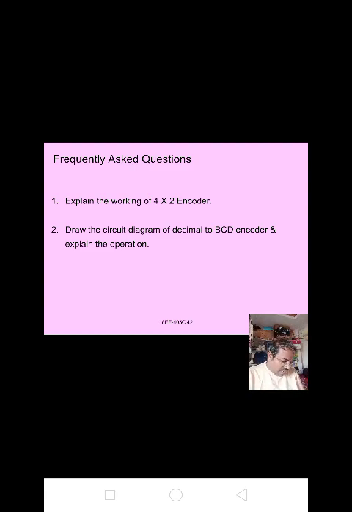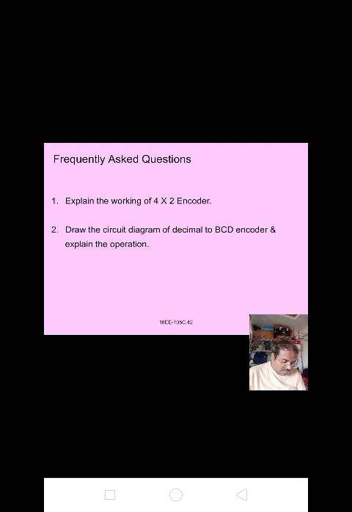We can determine the relationship between each BCD bit and the decimal digits. For example, the MSB of the BCD code, that is bit D, is 1 for decimal digit 8 or 9.